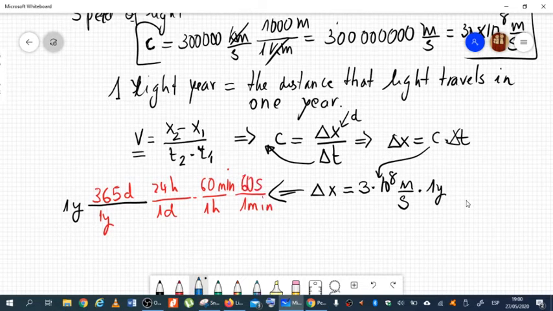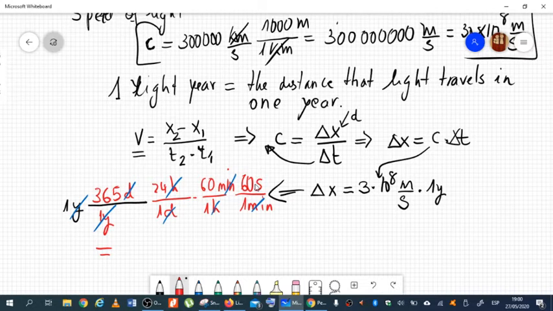So we cancel years, days, hours, and minutes. At the end, let's do the operation. We have to calculate this number multiplied by this number, by this number, and by this number.